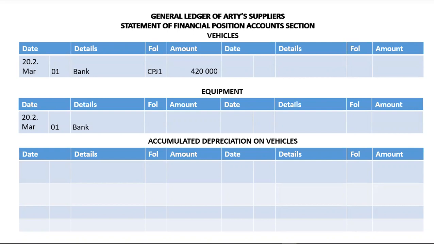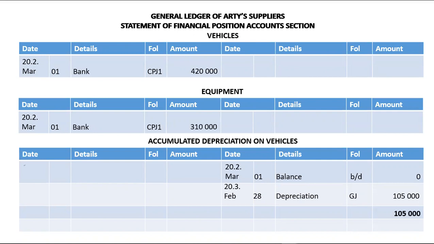Your accumulated depreciation on vehicles at the beginning of the year was nothing, so it will just be zero. We recognize current year depreciation. Current year depreciation on vehicles is 105,000, and that will be the balance carried down, and you carry it forward to the following year as 105,000.